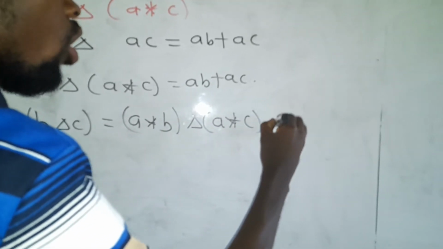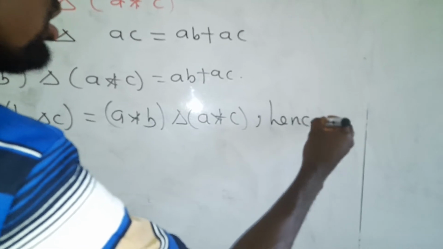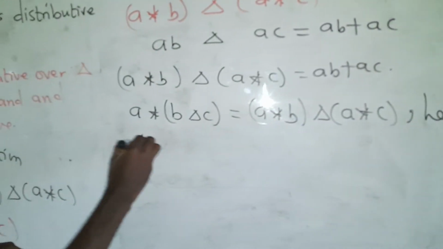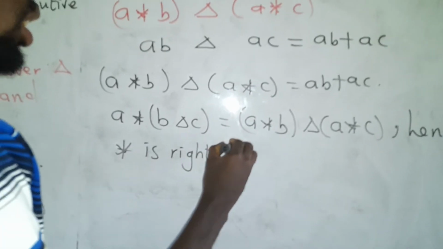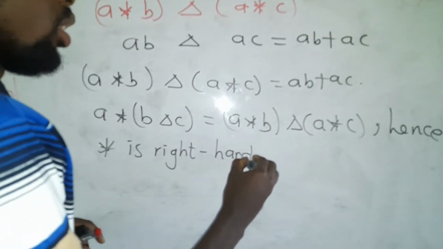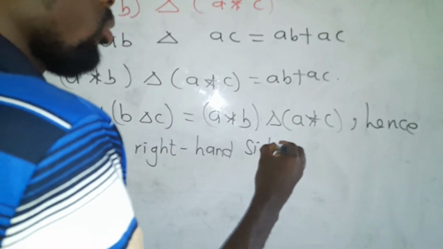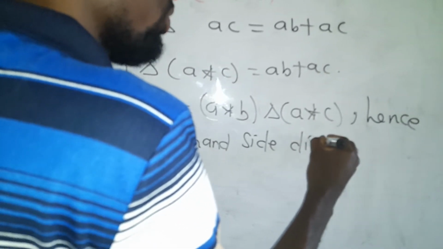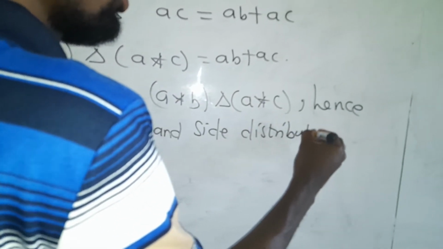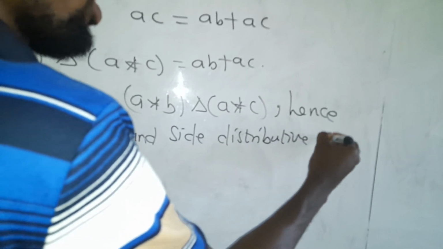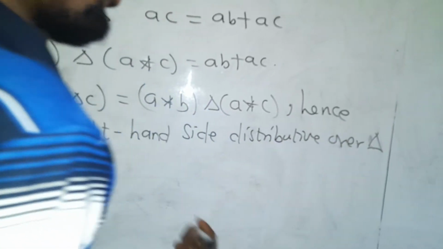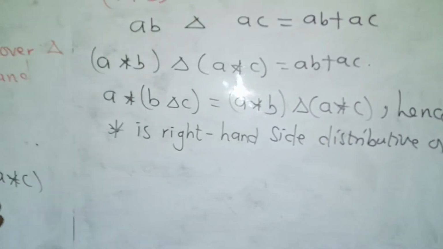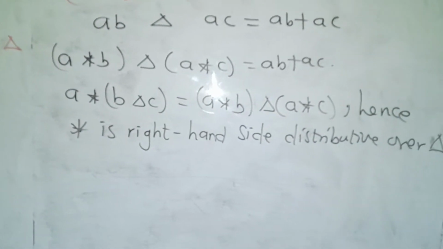Therefore, or hence, star is right hand side distributive over delta. Now we prove the left hand side too and see if it is the same, then we can draw our conclusion.